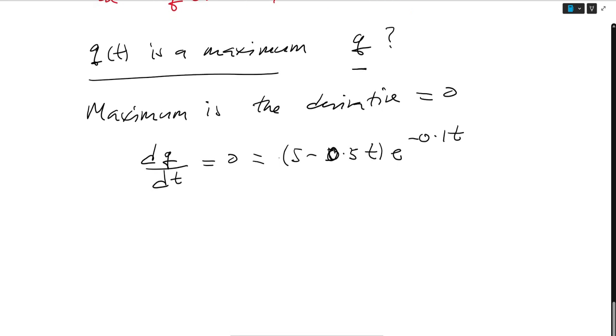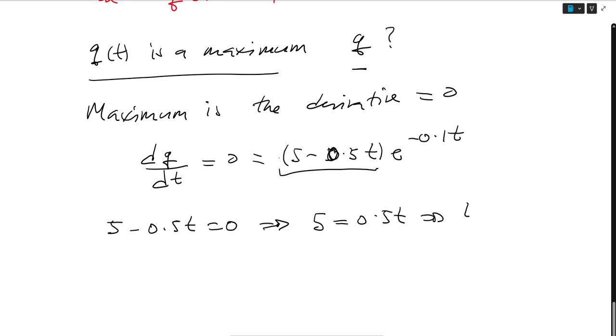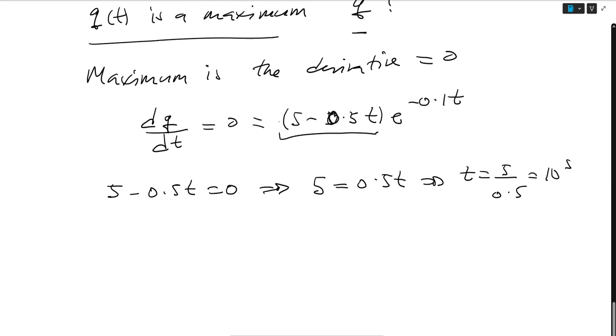And so when we equate this to 0, we get 5 minus 0.5 t is equal to 0, which is this part. And we need to say 5 is equal to 0.5 t. That means that t is equal to 5 over 0.5, or 10 seconds.